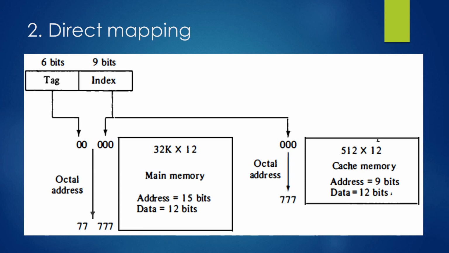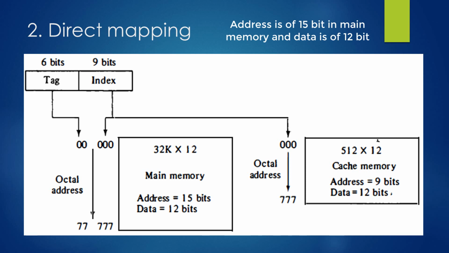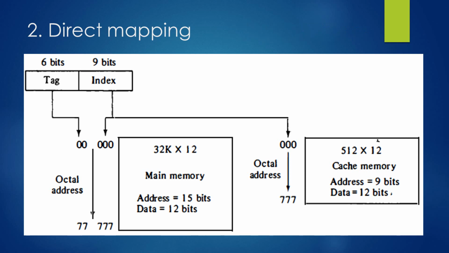Now below that we have shown in the diagram the main memory, which is capable of 32K into 12 words, and the cache memory, which is able to address 512 into 12 words. Now see the address. Main memory is able to address 15 bits while the cache memory is able to address 9 bits. If you compare main memory and cache memory, one thing is common, that is data.